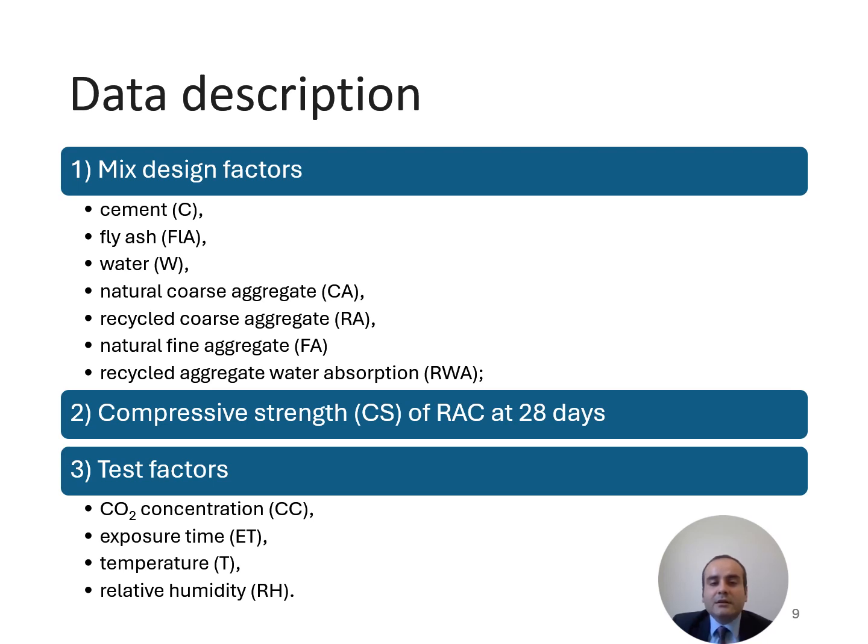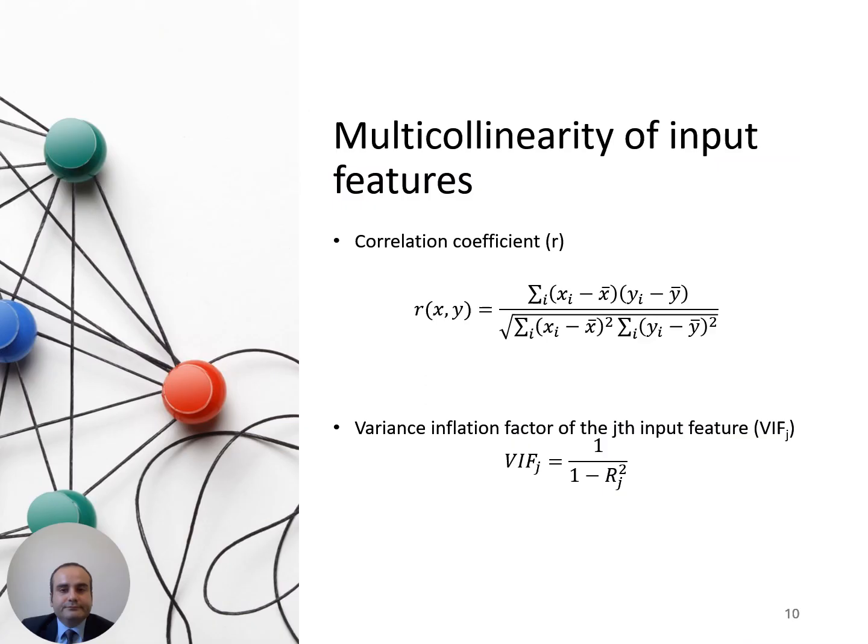The second is the compressive strength of recycled aggregate concrete at 28 days, and the third group of data records is the information about test factors such as CO2 concentration, exposure time, temperature, and relative humidity.